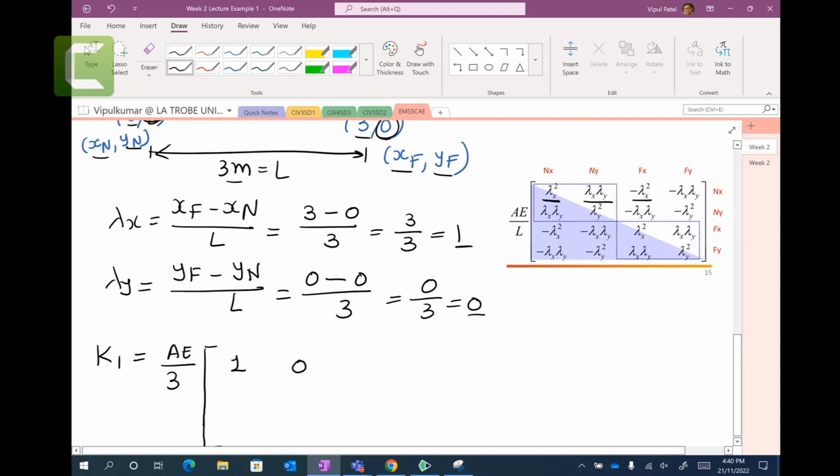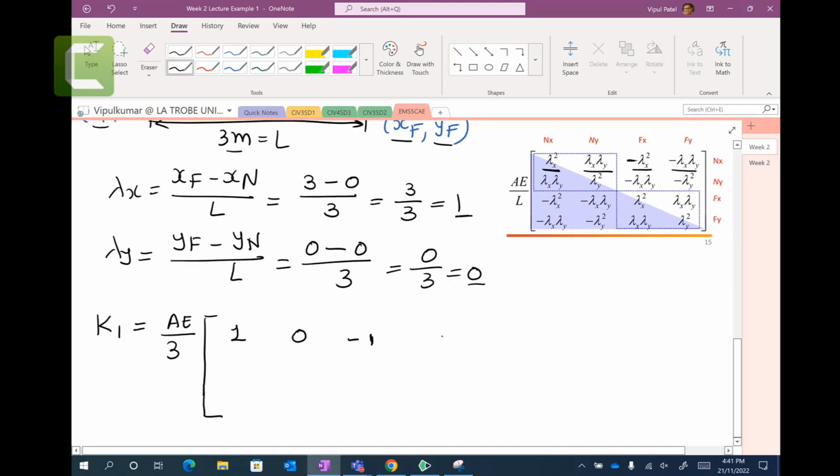Minus lambda y squared. Please note this minus is not like minus 1 squared. No, it is 1 minus and then 1 squared. Making sure that you understand this minus which is outside. So it is 1 minus and then 1 squared is 1. This one is 0, because lambda y is 0.